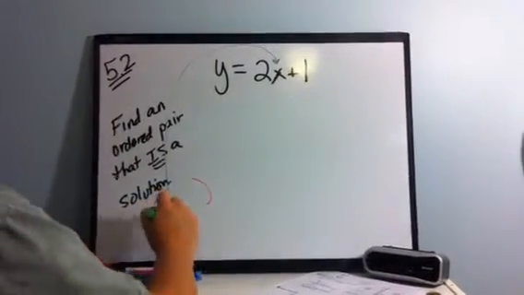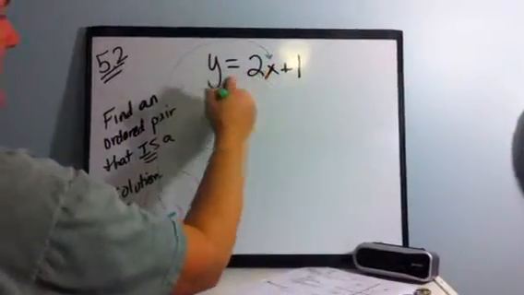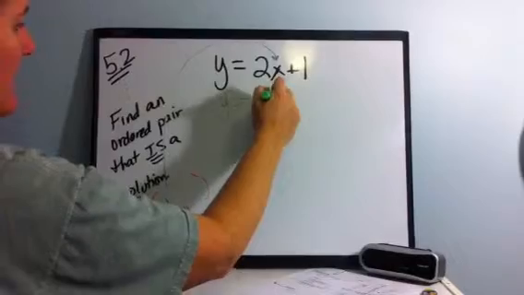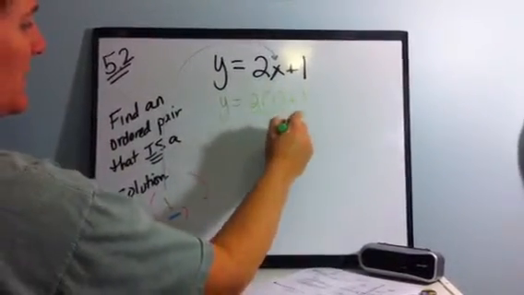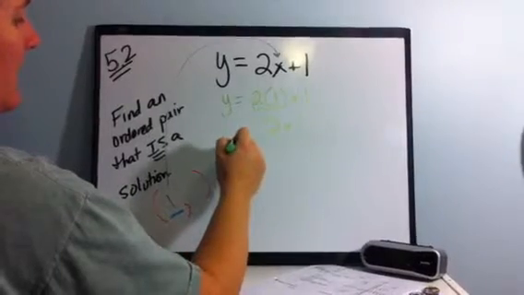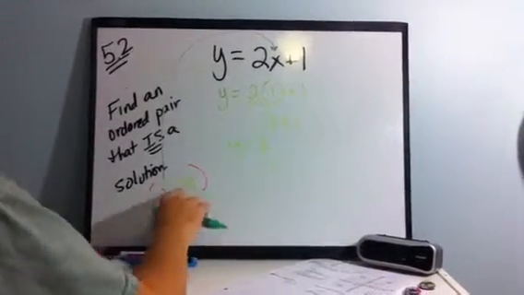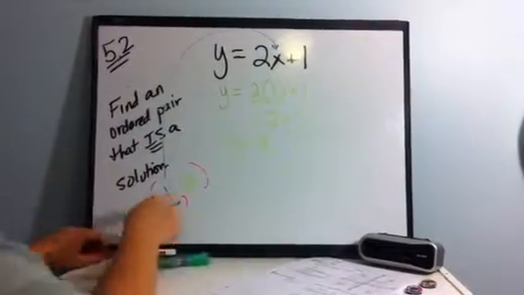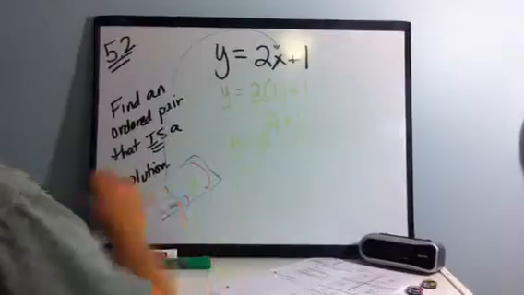Let's pick 1. So if I plug 1 in to this x, so I have y equals 2 times 1 plus 1. Well, 2 times 1 is 2, plus 1. So my y equals 3. So I have the point 1, 3. Now, let's check ourselves. Is this really a solution?